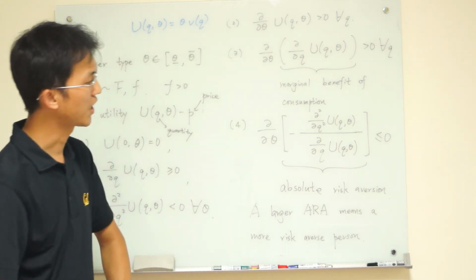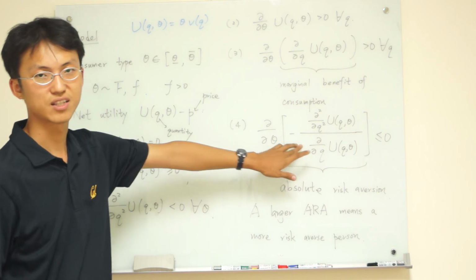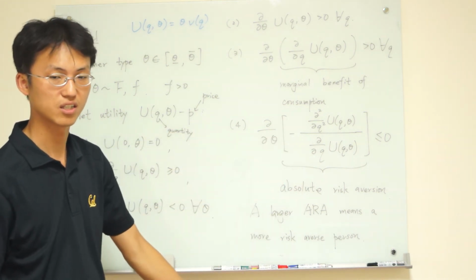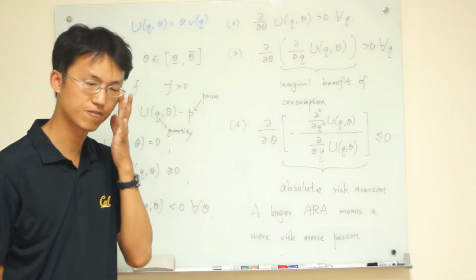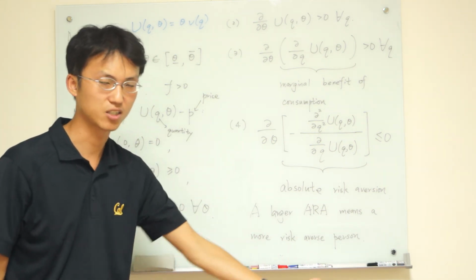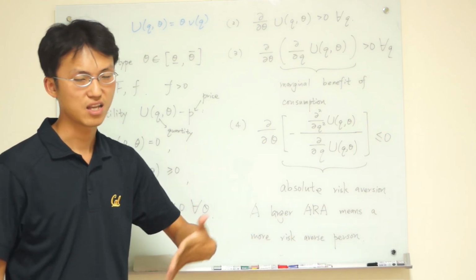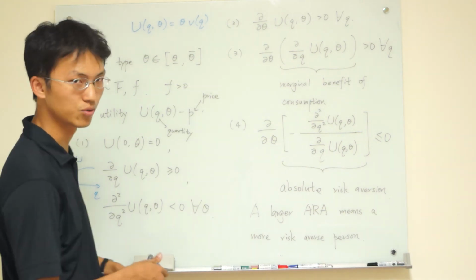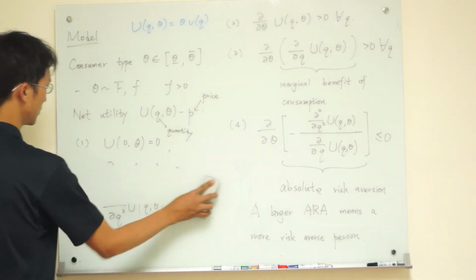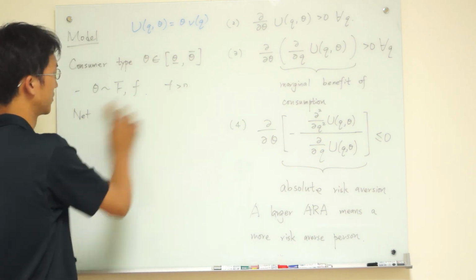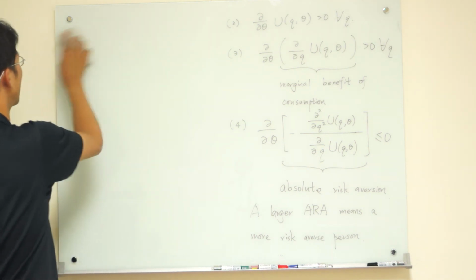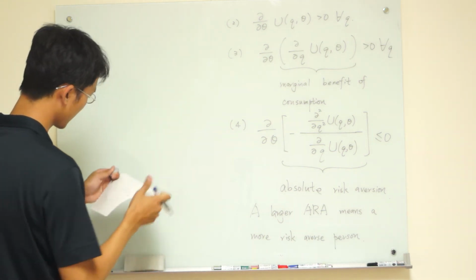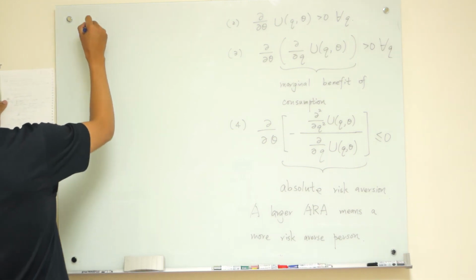Here we are saying that high types are less risk averse. That may fit your intuition: if I really like a product, then I don't care about risk that much. So that's the assumption. Here I'm going to give you some tiny examples. The example is here.